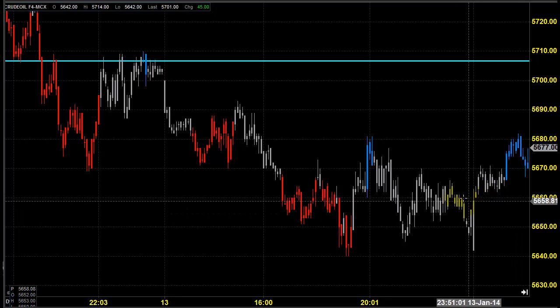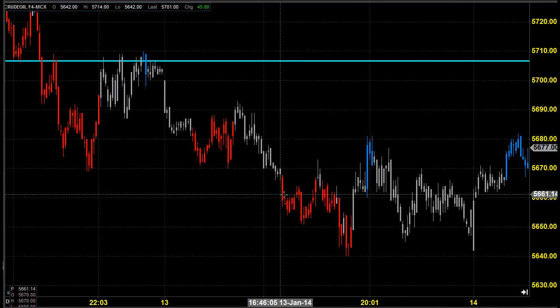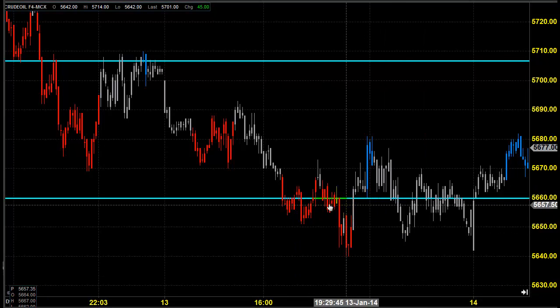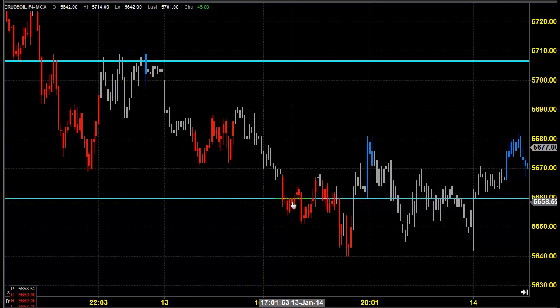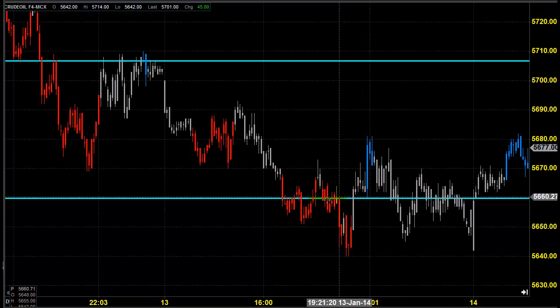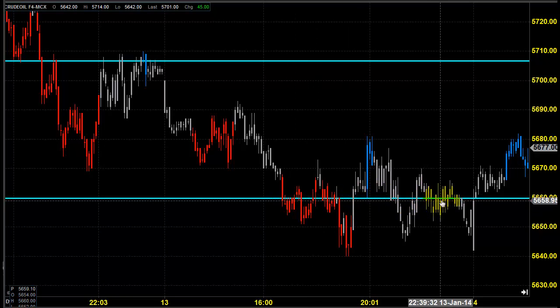If you see the previous day's price action, I will mark the particular zone. If you see the zone where I had marked around 5660s, the price was taking some support in and around. So there was a lot of trading activity happening around this 5660.